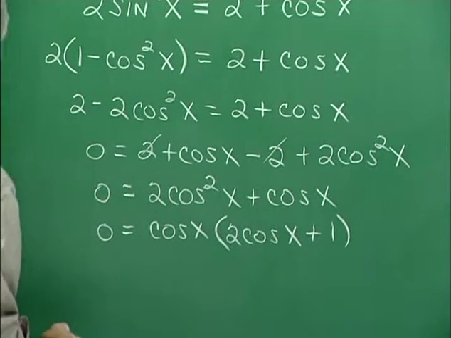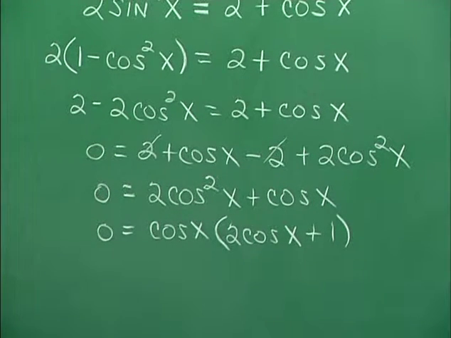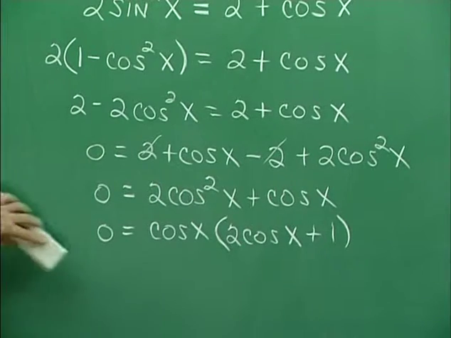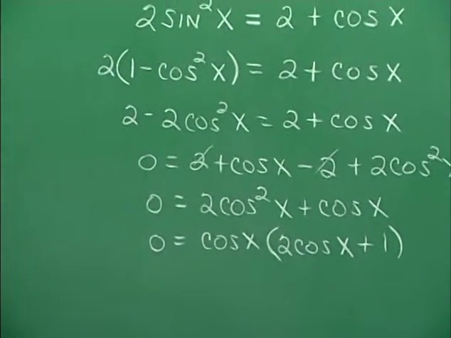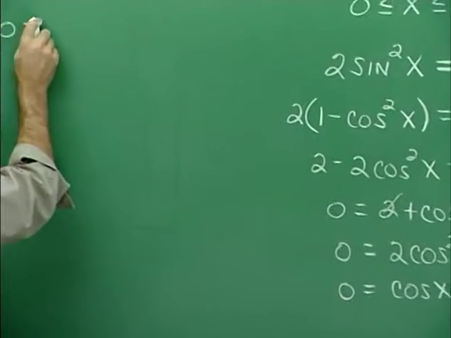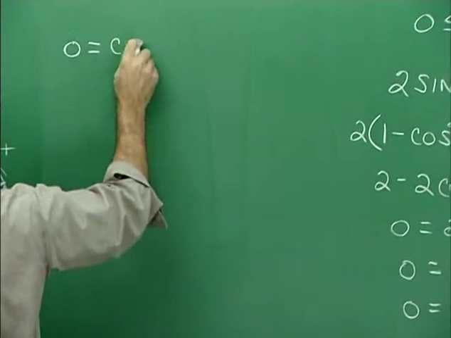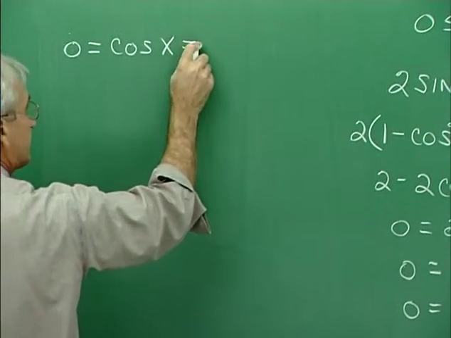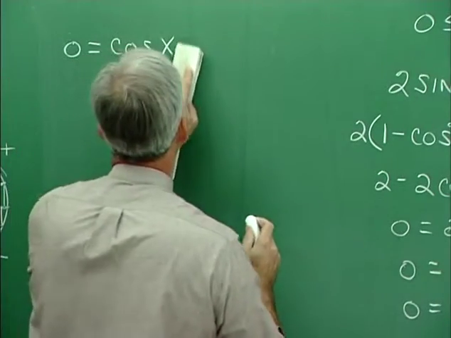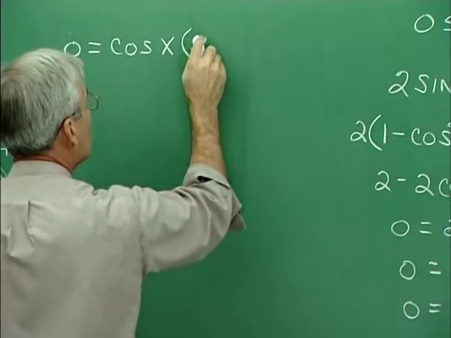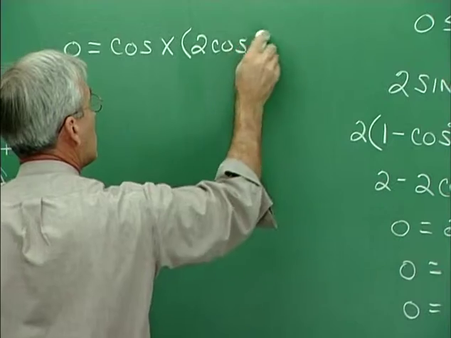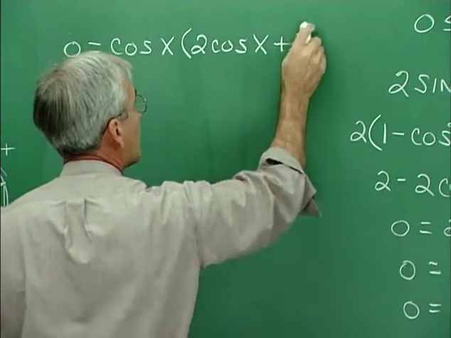I'm going to come back here and create a little more room for myself. The factored form now, I'll just reproduce that same step over here. We have, whoops, not equals. So we have this.